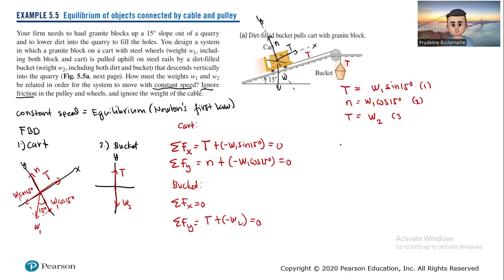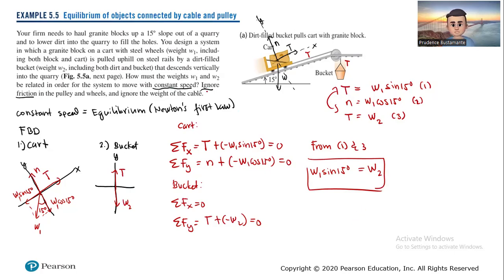Okay. So here we can equate equation 1 and 3. We say that the weight 1 sine of 15 degrees, because these tensions are equal, is equal to the weight 2.